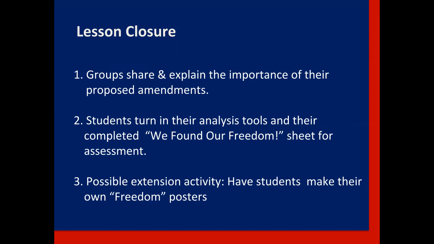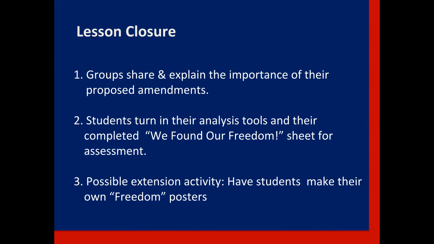And then the second component, students turn in their primary source analysis tools and their We Found Our Freedom worksheet for assessment. And you as the teacher can then assess their work by looking for good observations or applicable observations, reflections, and questions on the analysis tool in those 3 columns.